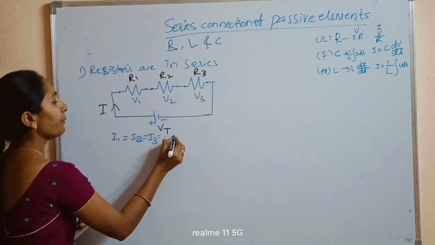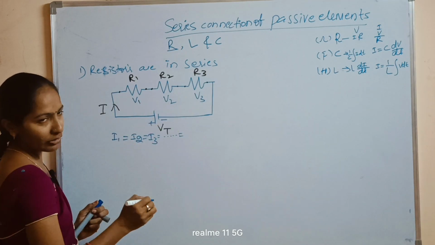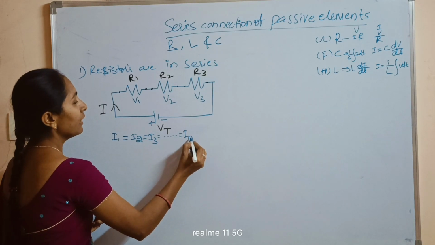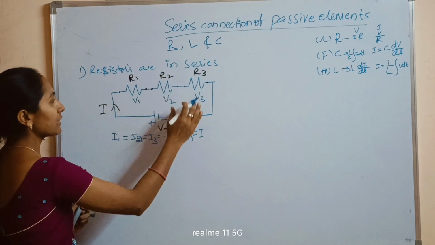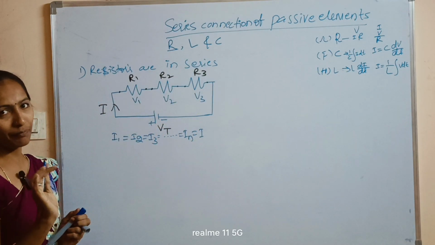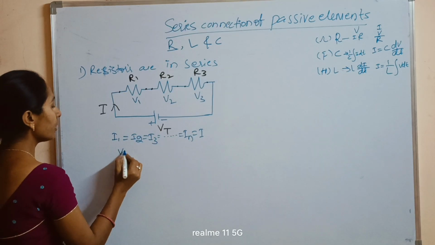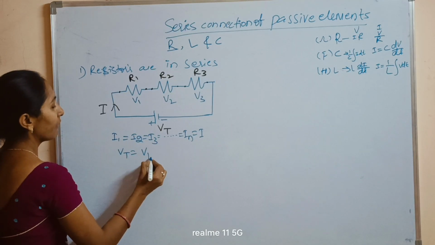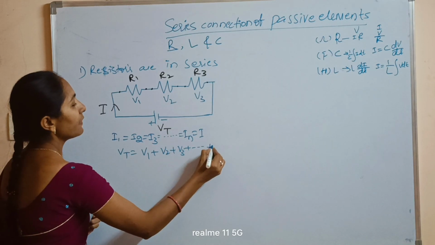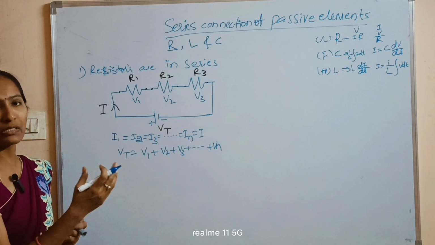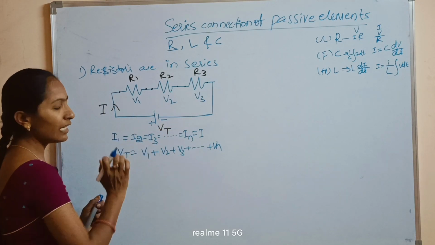If n resistors are connected in series, the current In must equal the total current. Why? Because in a series circuit, current must be the same and voltage must be divided. So the total voltage must be V1 plus V2 plus V3 and so on plus Vn.